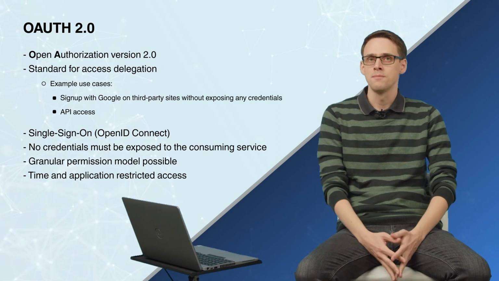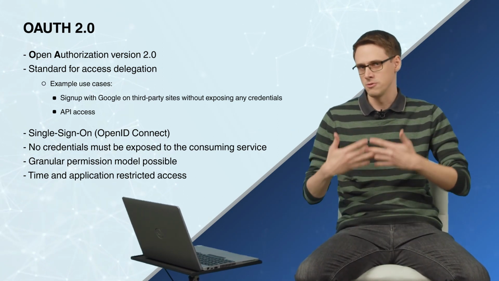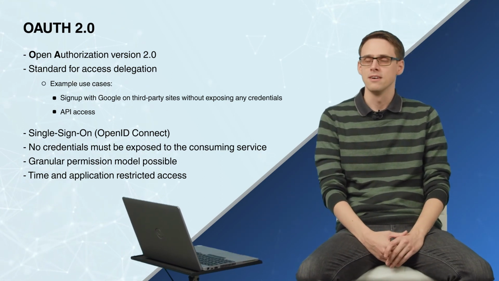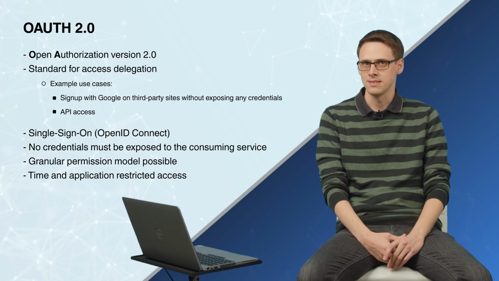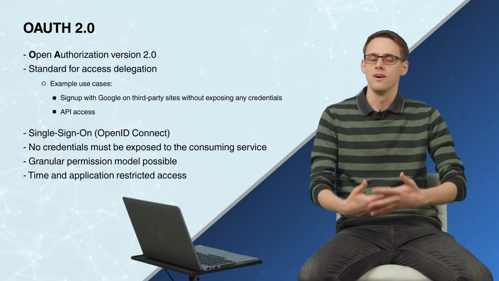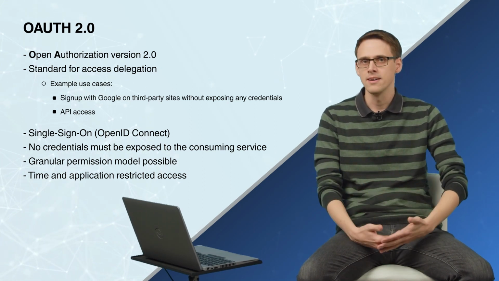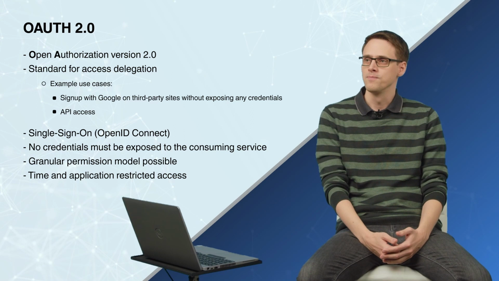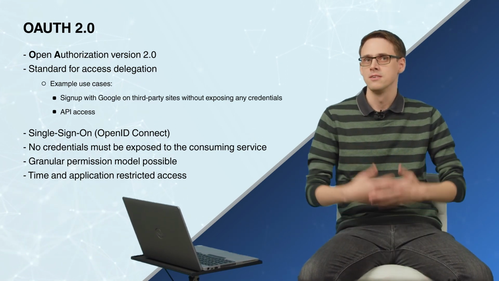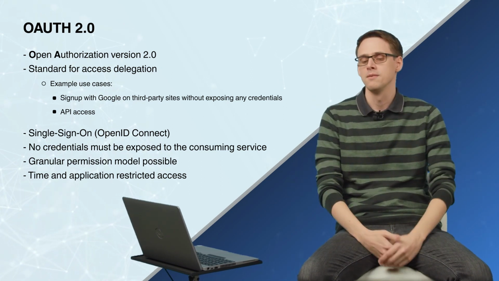Another thing you can do is API access directly, without user interaction for the authorization. There's a flow defined in OAuth 2.0 for exactly this. And for the connection to the Google identity provider, there's also a flow called OpenID Connect, which we will not go into in this talk, but it's used for single sign-on-esque features.